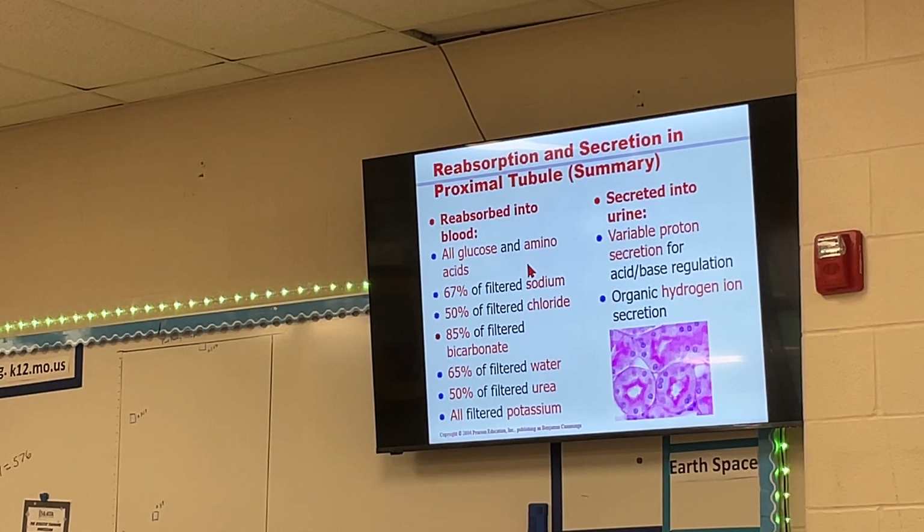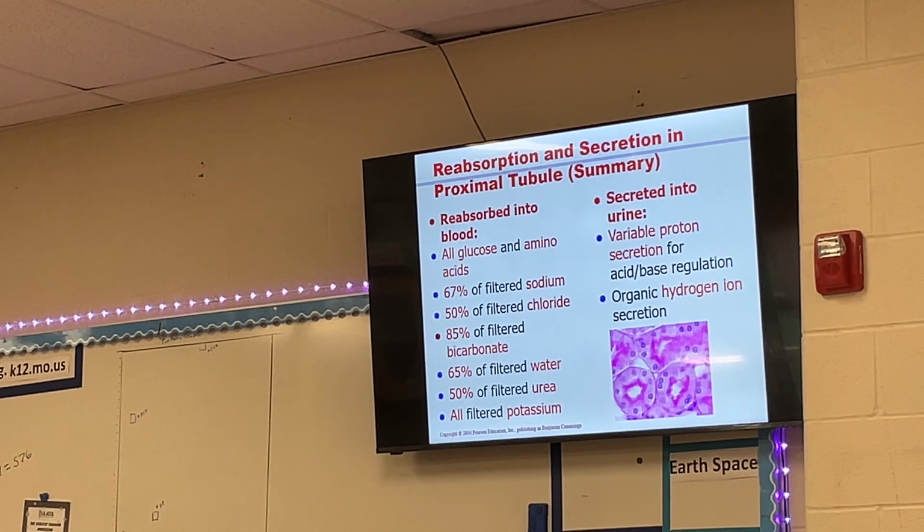That's what our body wants back. It wants the glucose back, and it wants the amino acids back. It wants most of the sodium, 50% of the chloride, and about 85% of the bicarbonate. Most of the water gets back, and about 50% of the urea and all of the potassium gets back.